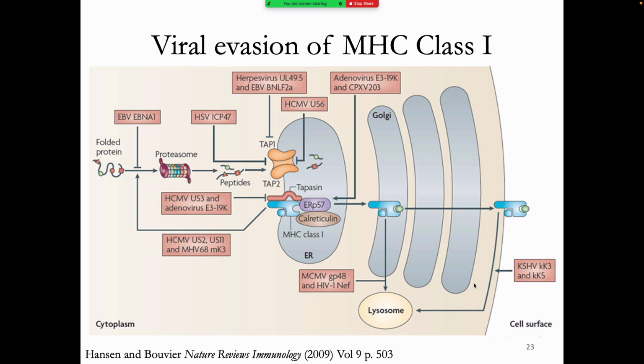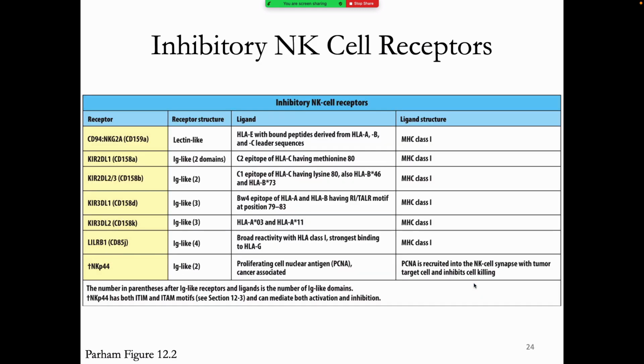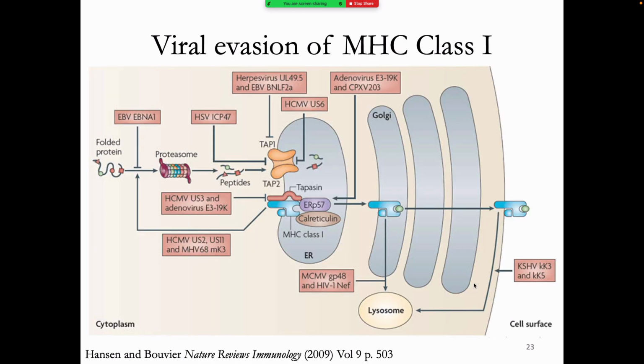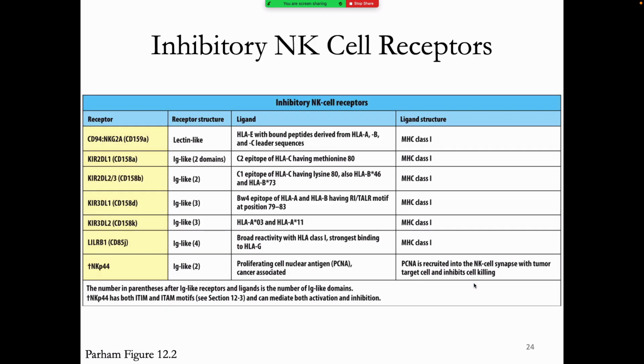And so the way that this works is that we have a whole bunch of receptors that bind. Oh, wait, sorry, before I get to this, the other point I was going to make. It actually works on this slide too. We have a whole bunch of receptors that are inhibitory NK receptors that bind MHC class 1.